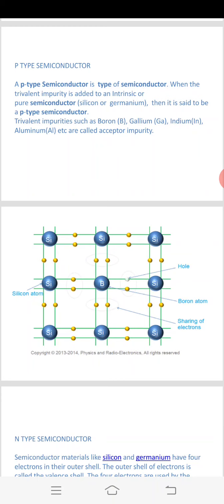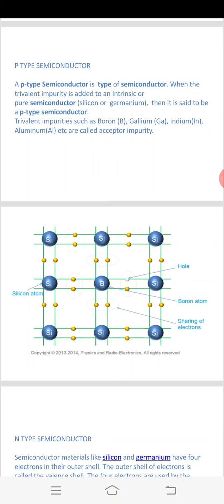So when we dope trivalent impurities into a silicon semiconductor, boron gives 3 electrons to silicon, and silicon has a requirement of 1 electron, which shows as a vacancy. This vacancy is called a hole.